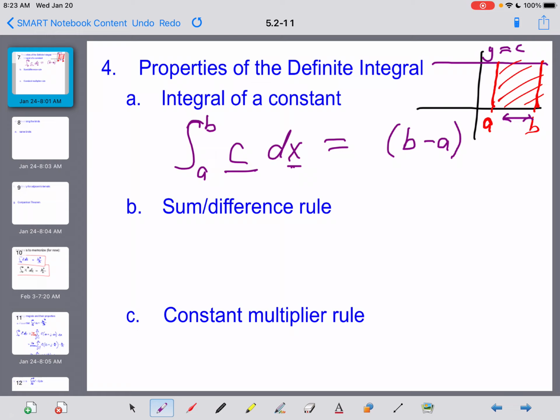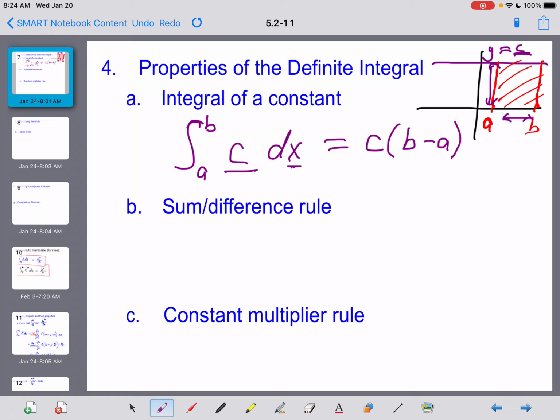So b minus a gets you the width of your rectangle, and the height is determined by the value of c. So c times the quantity b minus a is a quick little formula for the integral of a constant. Honestly, that's a formula I don't feel like people really learn all that well year to year. I think it's one people just kind of figure their way through and go, well, that's not too bad.